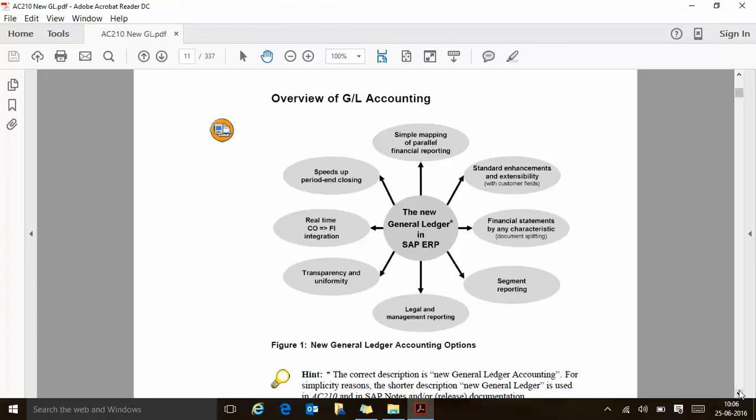Now as per IFRS requirements, you need to report your books as per sales, service and repairs criteria and to check what the revenue structure of each of your segments in the business is and how you are organized. So that's segment reporting. That's an IFRS requirement which only new GL can cater. Legal and management reporting. Legal is FI and management is CO.